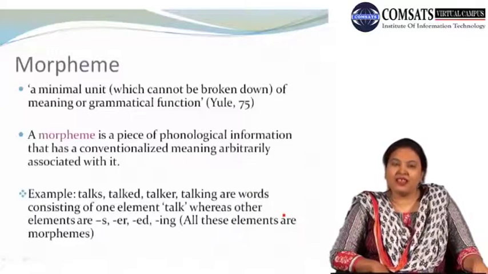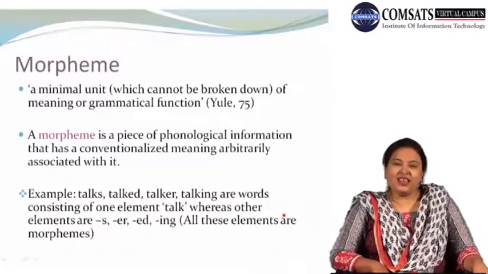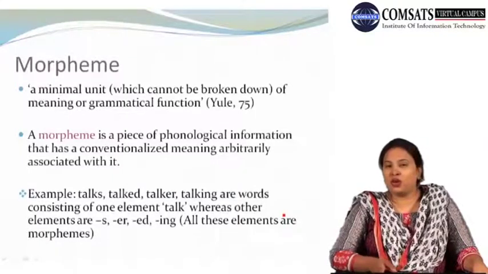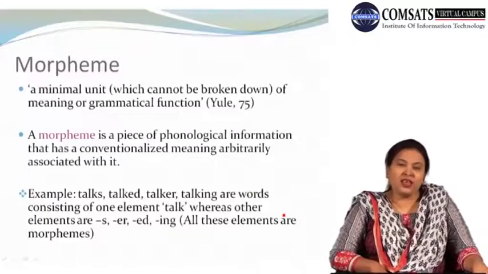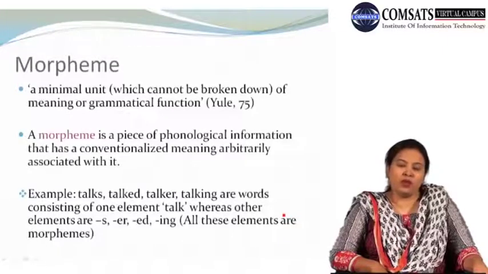Similarly, s is creating a meaning when associated with talk, so s is also a morpheme. Talked, ed, giving it a concept of past tense, so ed is also creating meaning, a morpheme. Er, making talk a talker, so changing noun into some person who is talking, a person who can talk, so again changing the meaning, so er is also a morpheme.